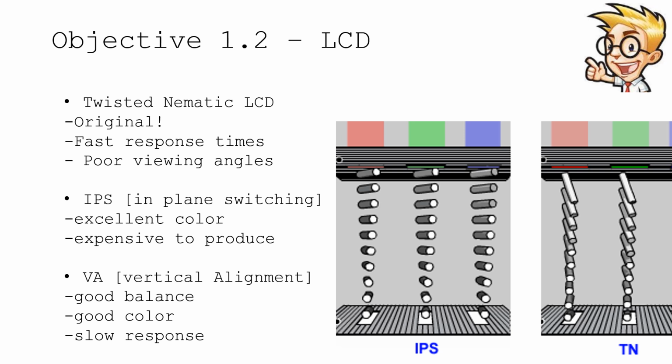But these are slightly more expensive than a TN, so that extra color representation comes at a bit of a cost. If you're looking for something in the middle between TN and IPS, you might want a vertical alignment LCD or a VA display. This has good color representation, but you'll find that the response times are a bit slower than a twisted nematic LCD.